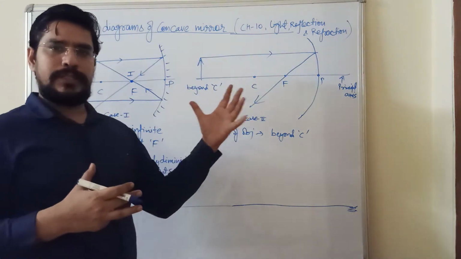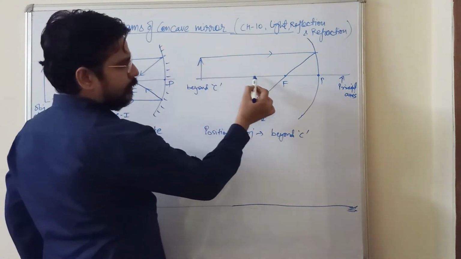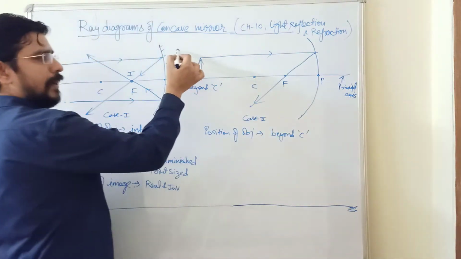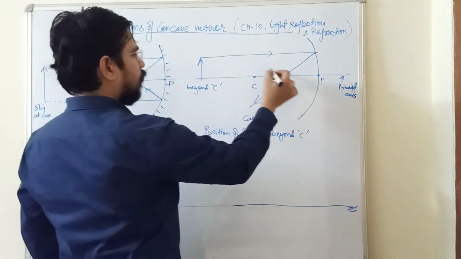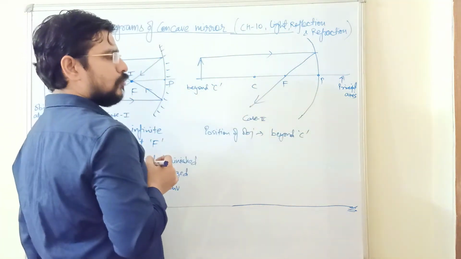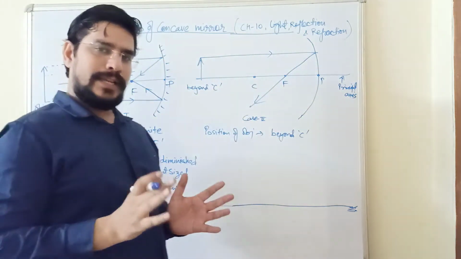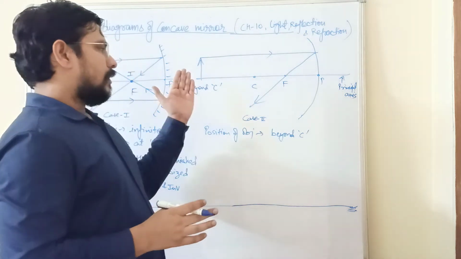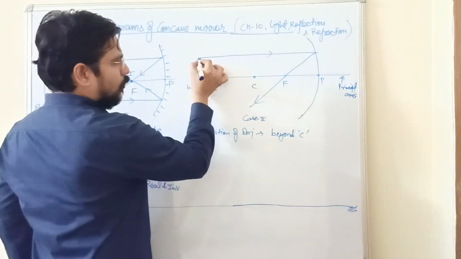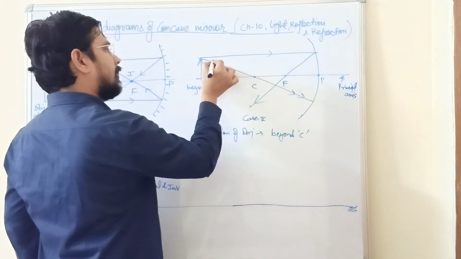Second, we can draw this ray diagram in many ways. You can have a ray of light passing through center of curvature and retrace back the same path. You can have a ray of light which is passing through focus and then become parallel to principal axis, or you can use the rule of pole. But personally, I will suggest you to use the rule in which ray of light is passing through center of curvature and retraces back the same path.